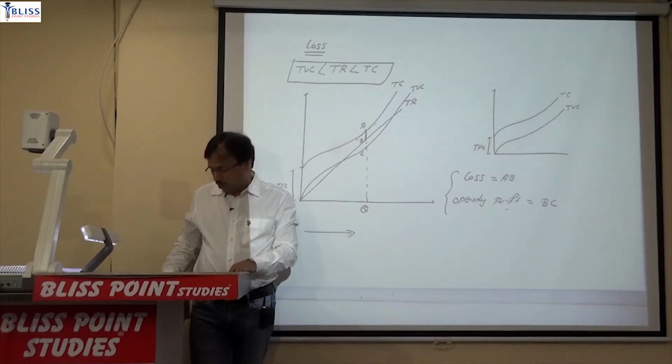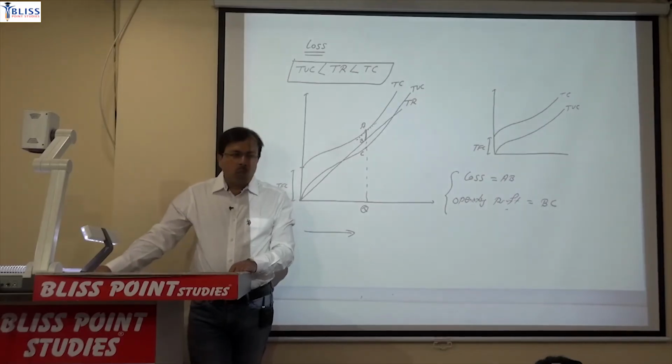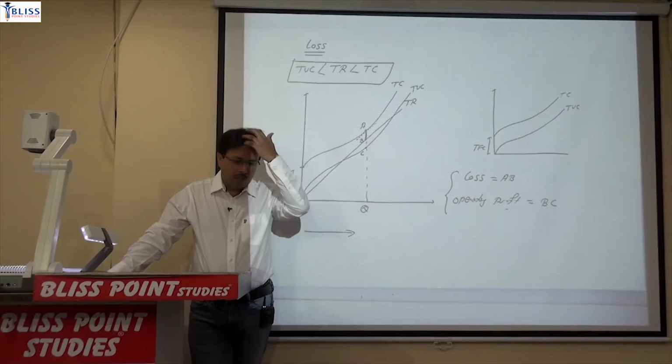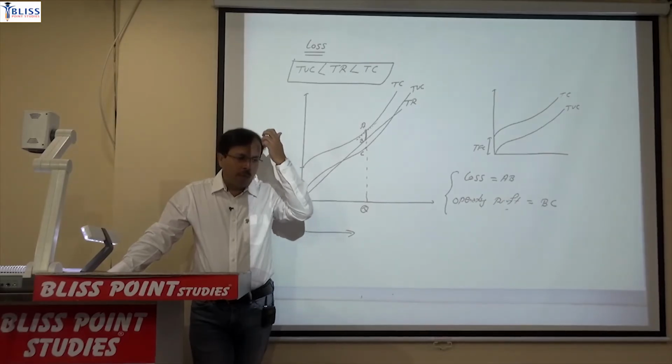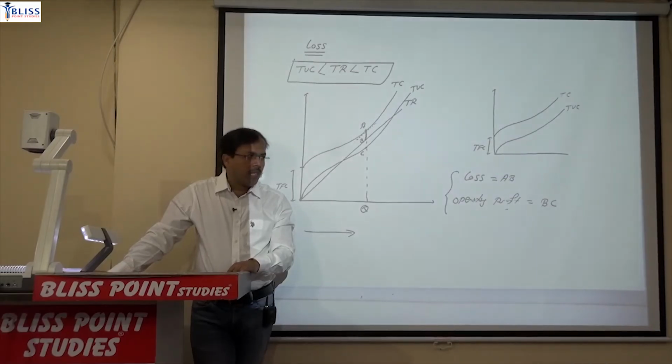However, the firm may continue to operate despite loss if total revenue is greater than total variable cost. If TR is greater than TVC.